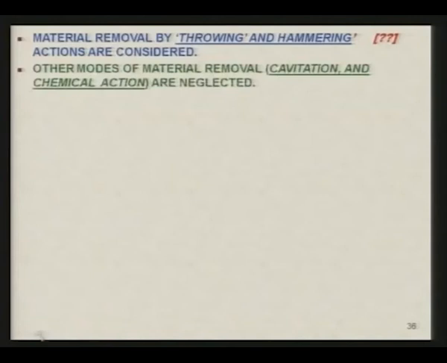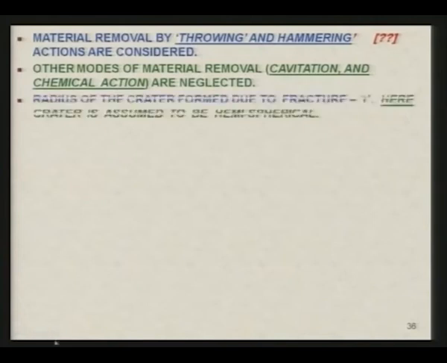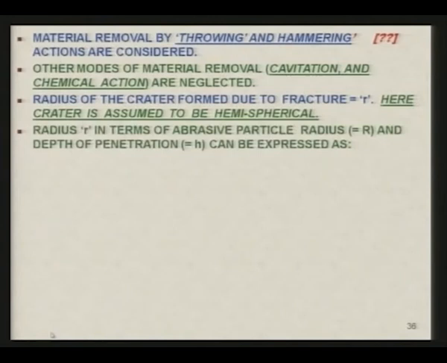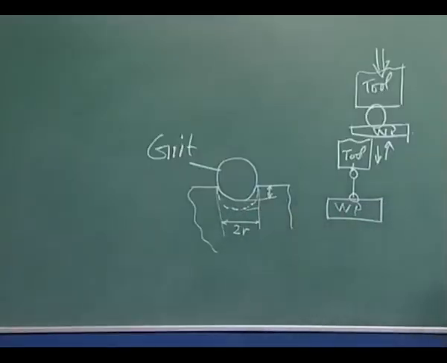Other modes of material removal like cavitation and chemical action of the slurry on the workpiece are neglected in this particular model. The radius of the crater formed due to fracture, small r, as I have shown in the figure in the earlier slide. Here the crater is assumed to be hemispherical, as shown over here with the dash line.